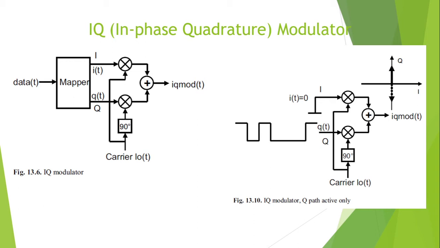So with PAL and NTSC subcarriers, the chrominance information, that is the color information, is contained in the phase of the subcarrier. And the color saturation or the color intensity is stored in the amplitude of the subcarrier.